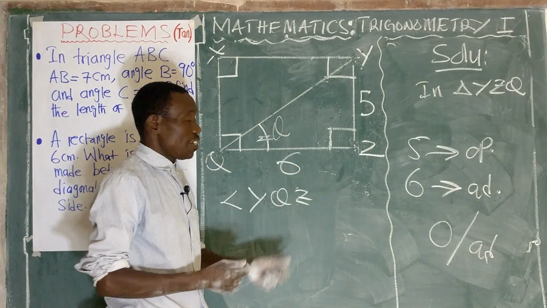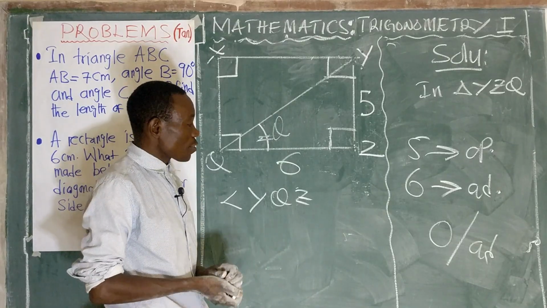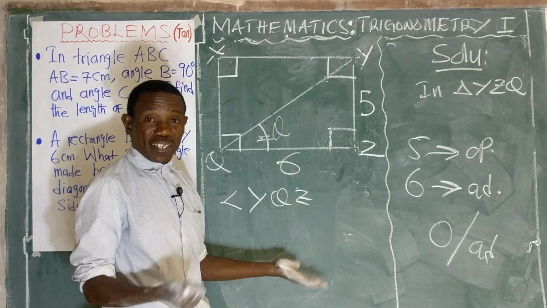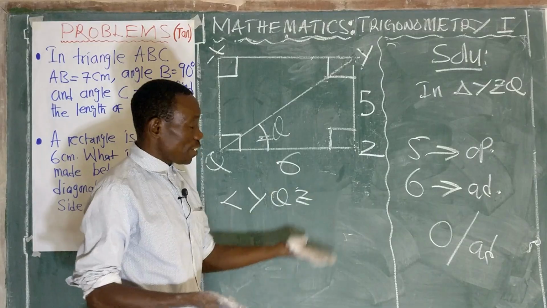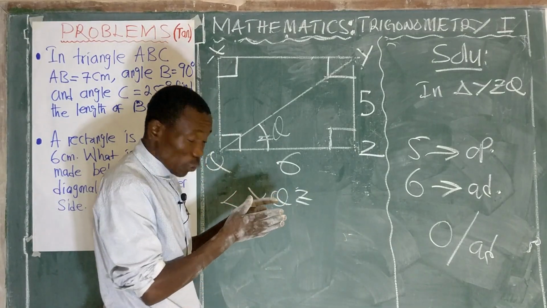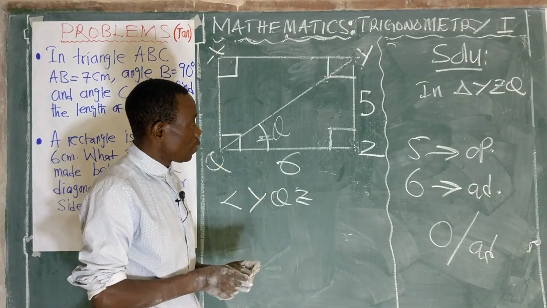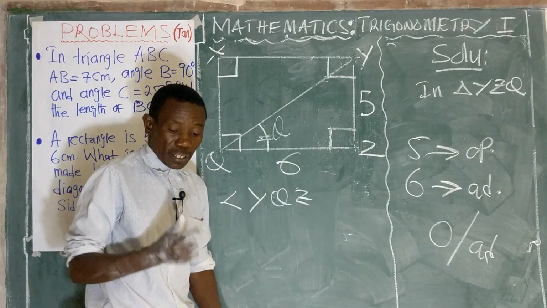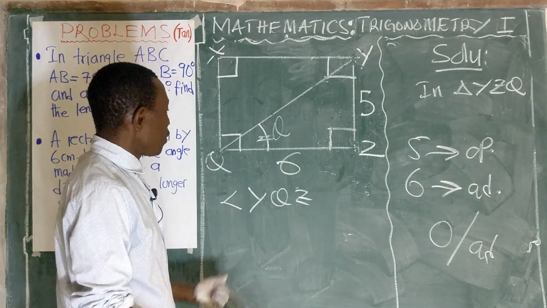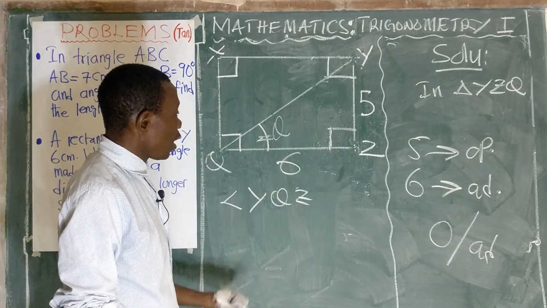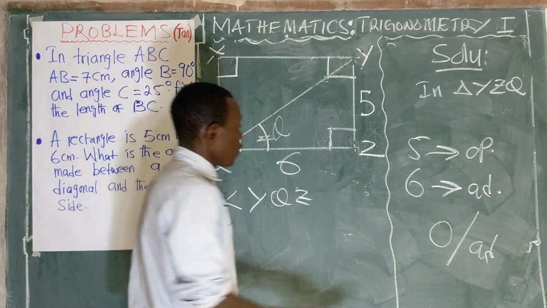You find that it is tan. It's the one that talks about the ratio of the opposite to adjacent. There's none apart from the tangent that considers the two sides at the same time. So obviously, the ratio to be used to work out that angle is the tan ratio. You don't have to hesitate there.